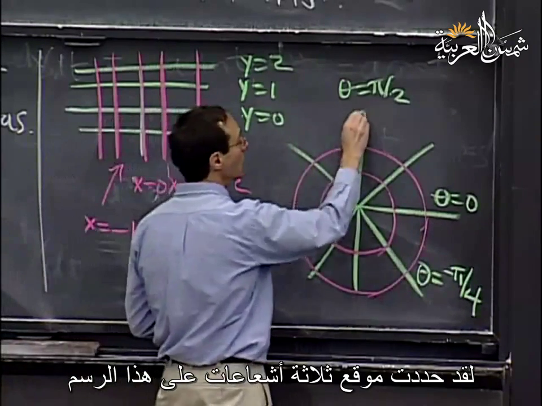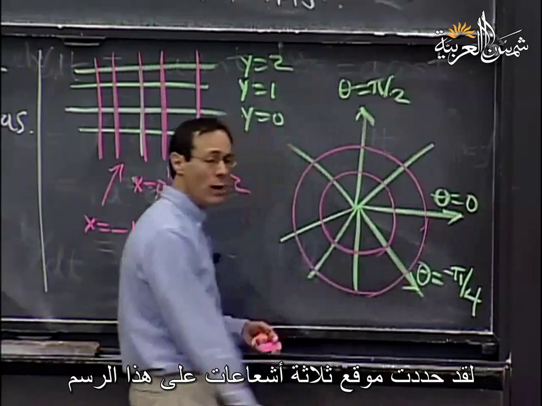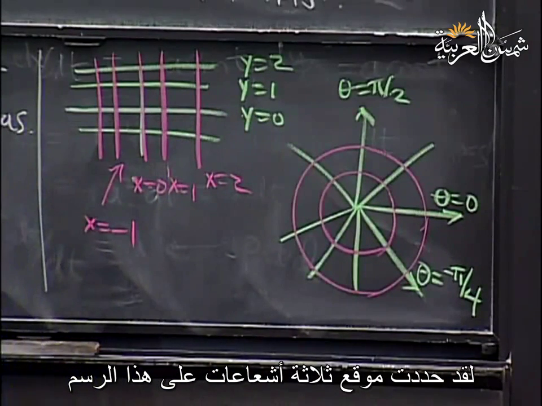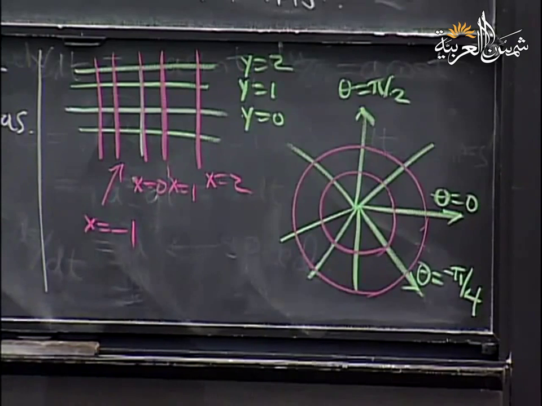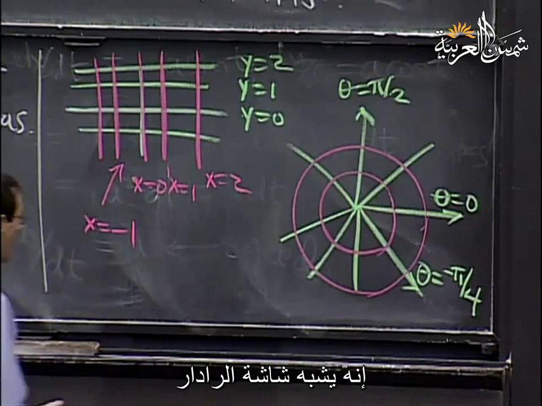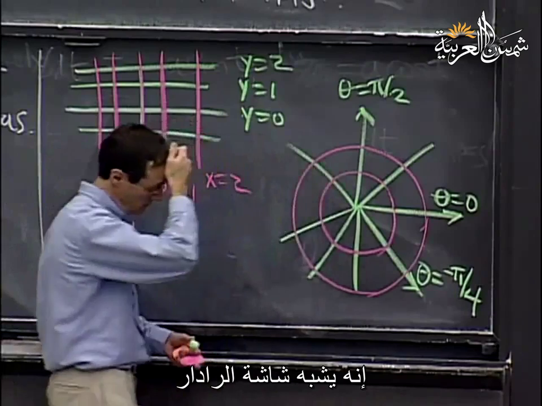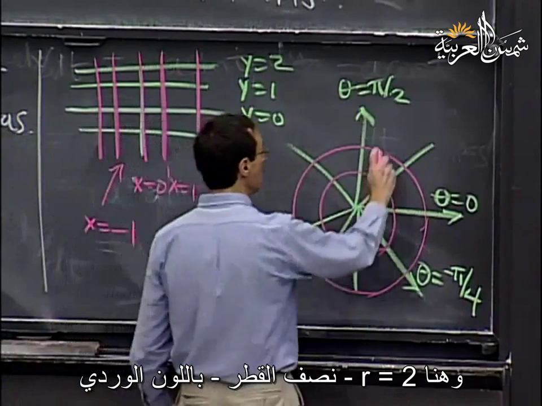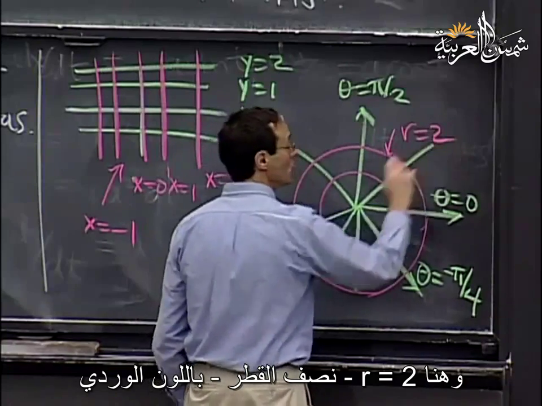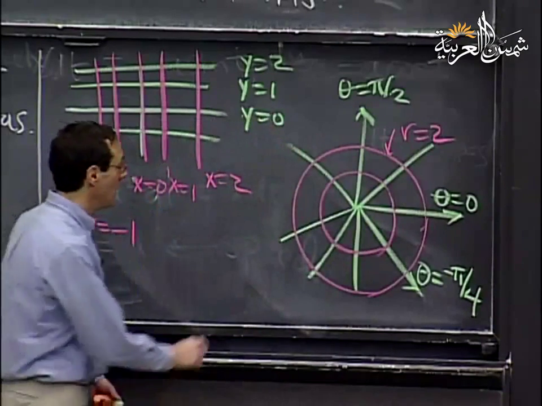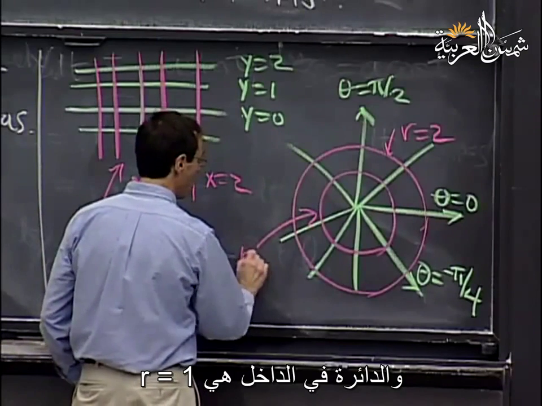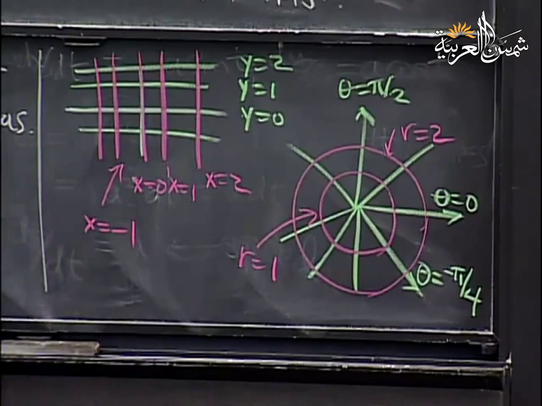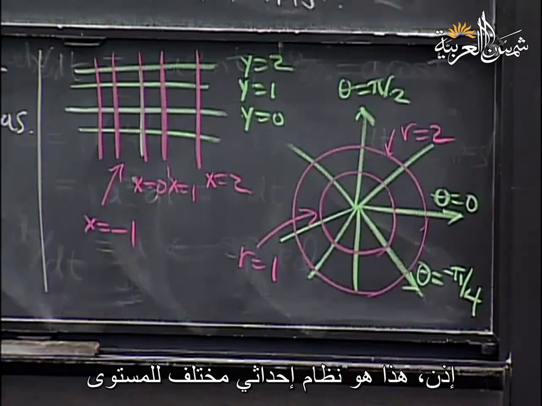So I've just labeled for you 3 of the rays on this diagram. It's kind of like a radar screen. And then in pink, this is maybe r equals 2, the radius 2. And inside is r equals 1. Right? So it's a different coordinate system for the plane.